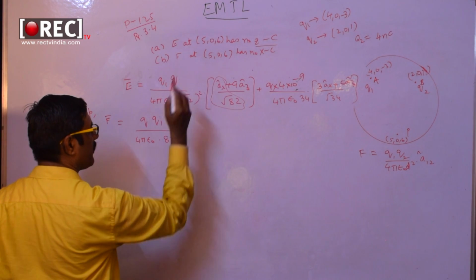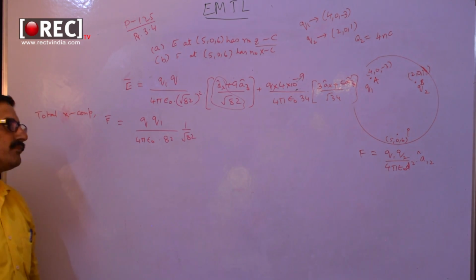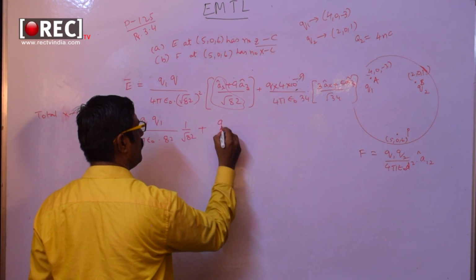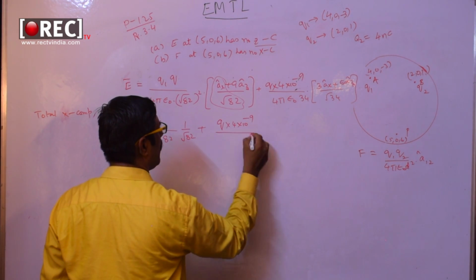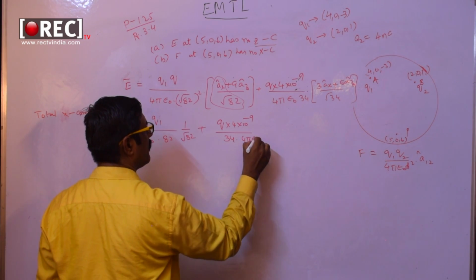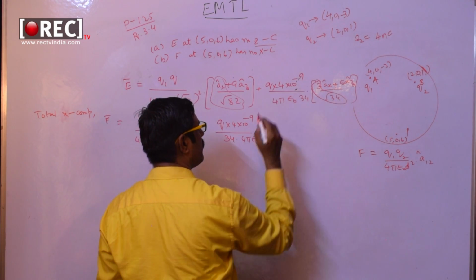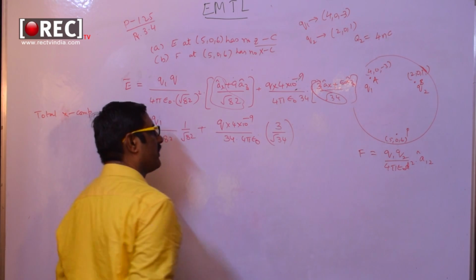The multiplicand for x component is 1 by root 82, plus Q into 4 into 10 power minus 9 by 34 into 4 pi epsilon naught into 3 by root 34, which is our multiplication for x component.